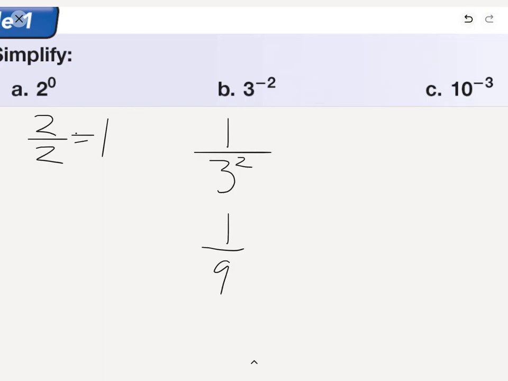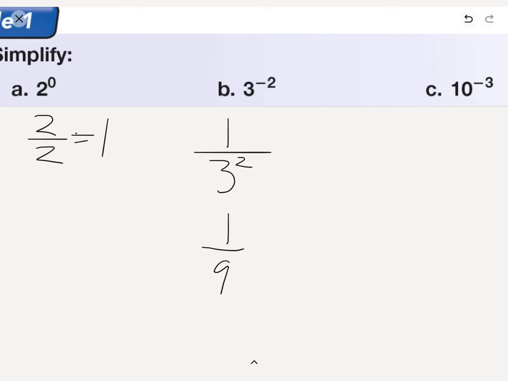So 3 times 3 is 9. So that gets you to your next step of 1/9. So that means C is 1 over 1,000? Yes, exactly. We can express C a couple ways.